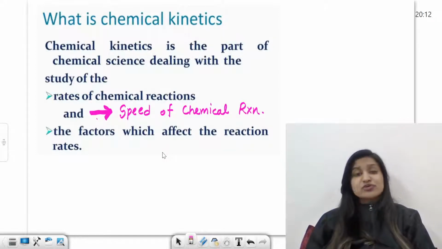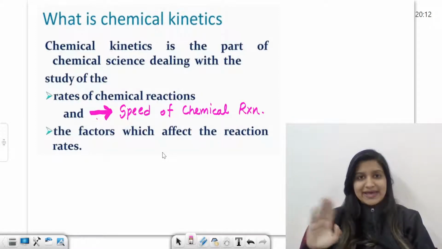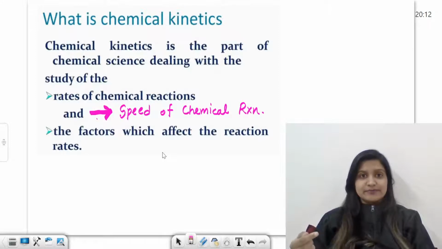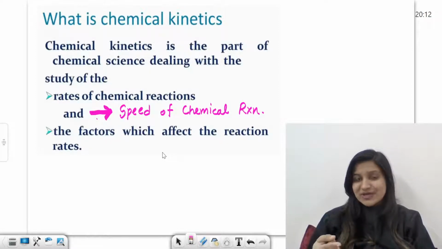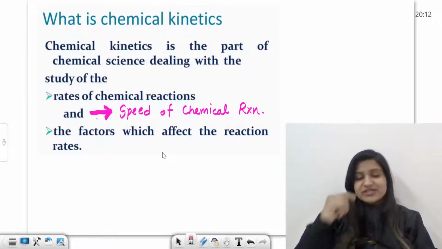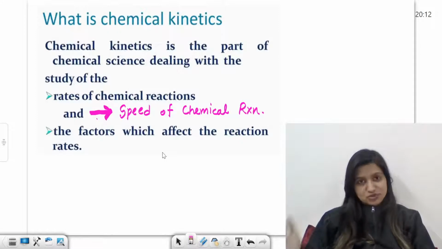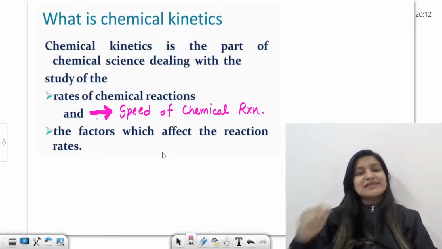If you think that all the reactions happen like you just snap and your reaction occurs, no, it doesn't work this way. If it works this way, then you can just simply take coal and convert it into diamonds. That's a chemical process. Do it in a lab, be a millionaire.